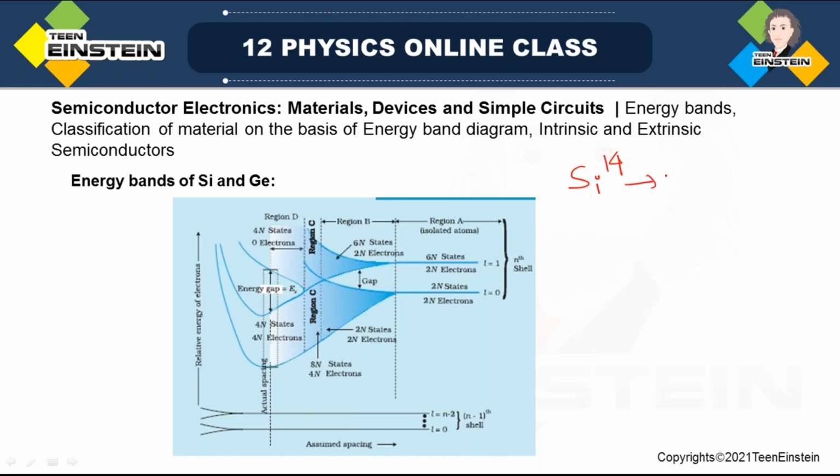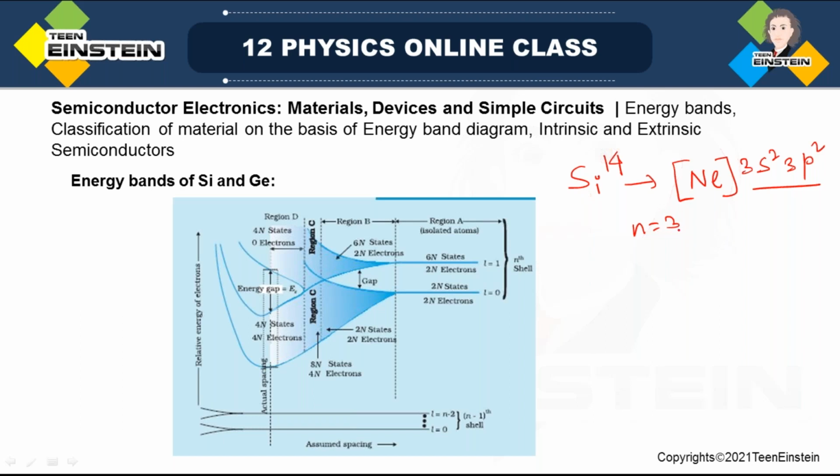They have 14 electrons, and if we write the electronic configuration, it is neon with 3s2 and 3p2. That means it has valence electrons in the n equal to 3 level.